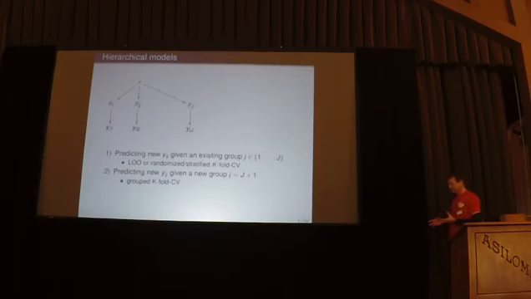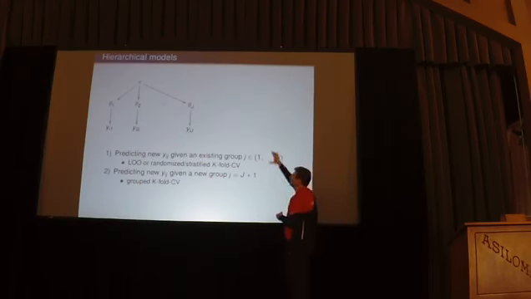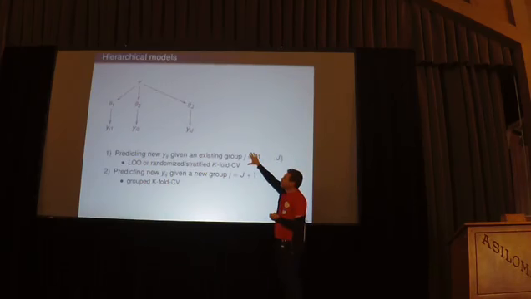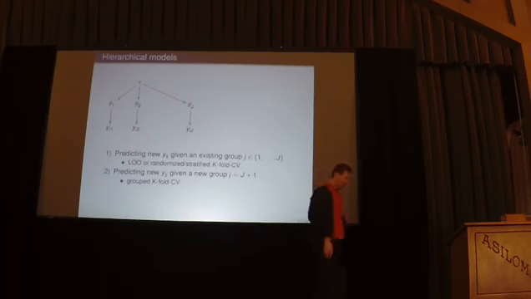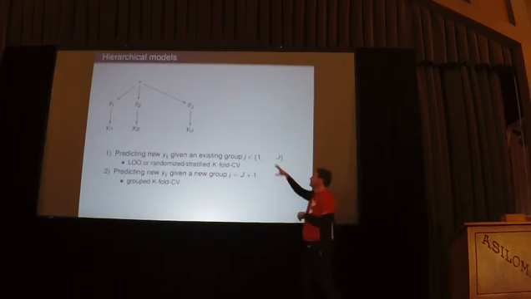So there are two different possibilities for hierarchical models. The first is predicting new observations given all the existing groups. For example, for treatment effects, if we have different hospitals, we could think about predicting the treatment effect in each hospital, asking what happens if in these same hospitals we get a new patient.